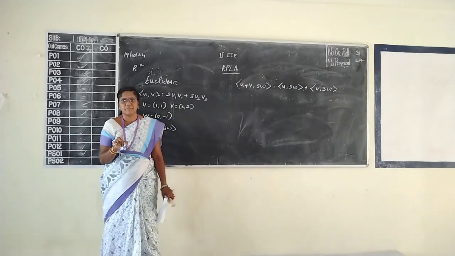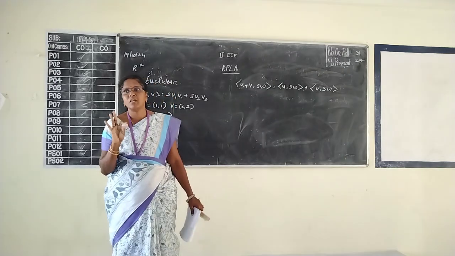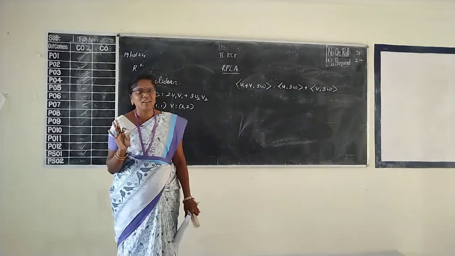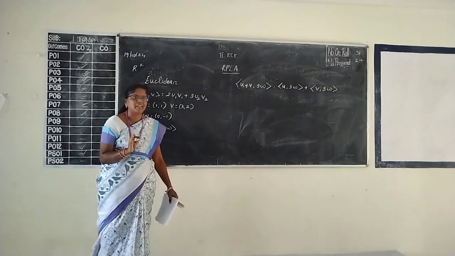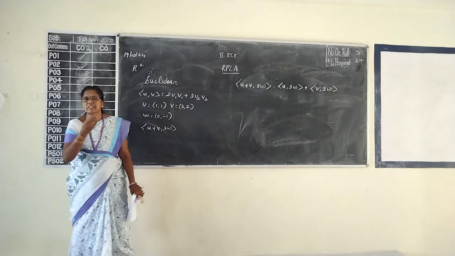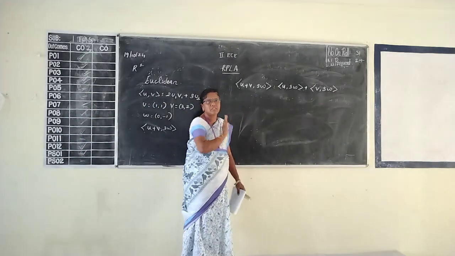Just for understanding, here what is the number? 3. What is the conjugate of 3? 3. The conjugate matters for a complex number, but this is a real number, so the conjugate of 3 is 3 itself. Just for your understanding, as it is the first problem, I am going to write one extra step here.